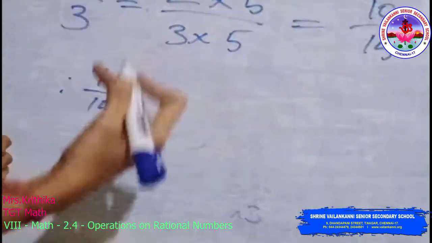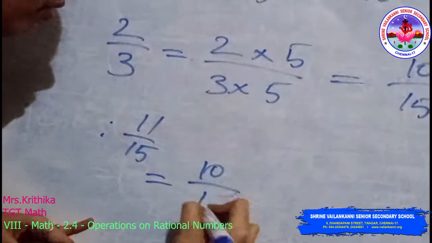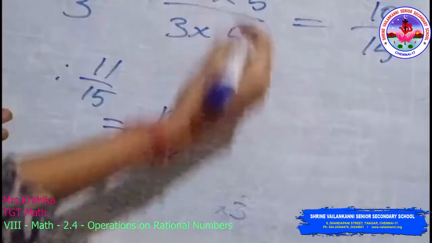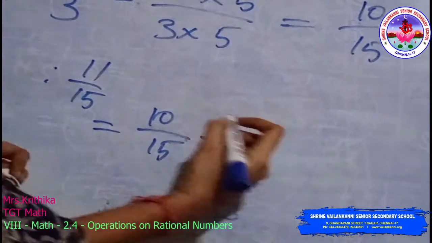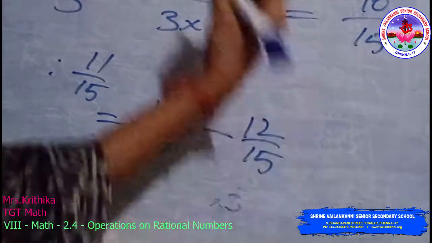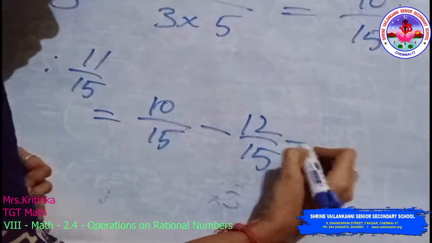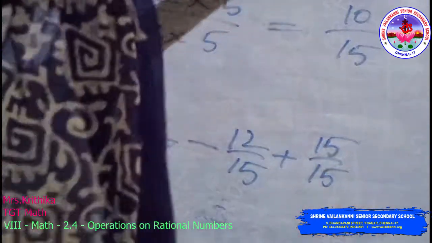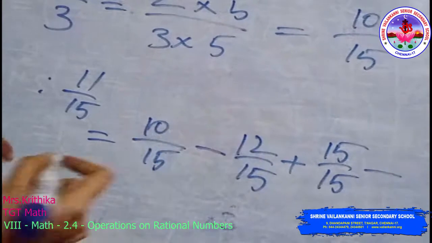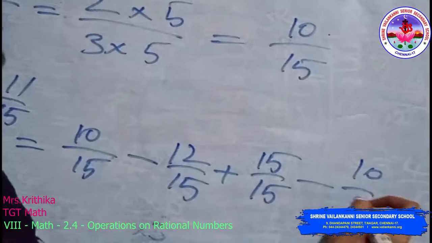The 2 by 3 value is 10 by 15. Here positive into negative: the 4 by 5 value is negative 12 by 15. The 1 by 1 value is plus 15 by 15. Next, negative 2 by 3 is minus 10 by 15.